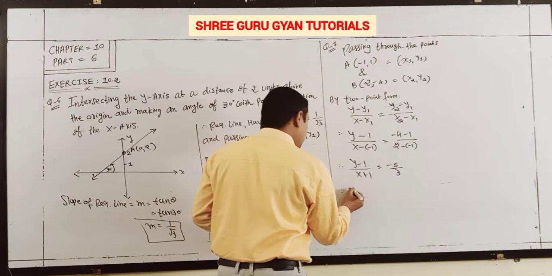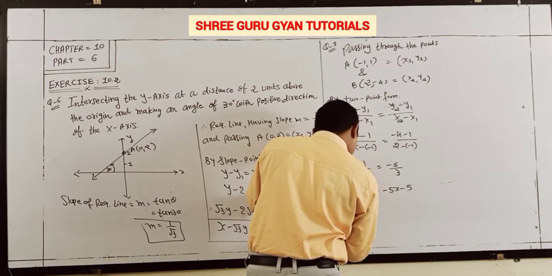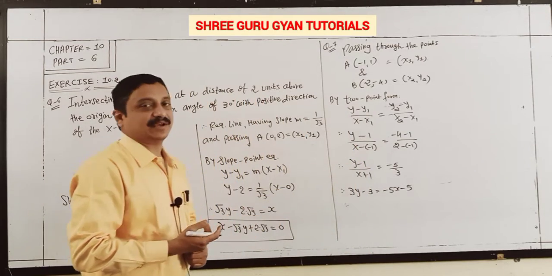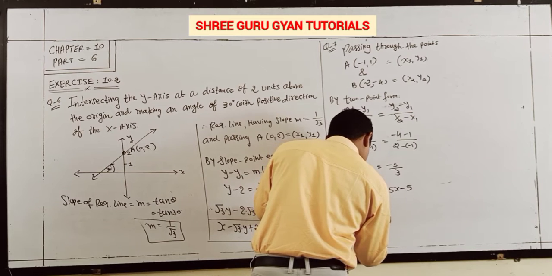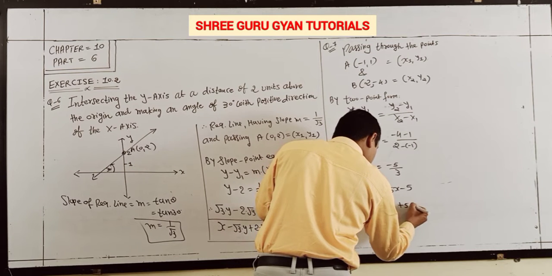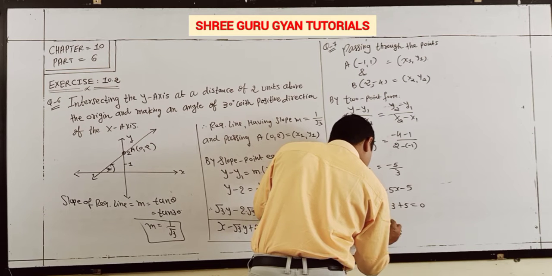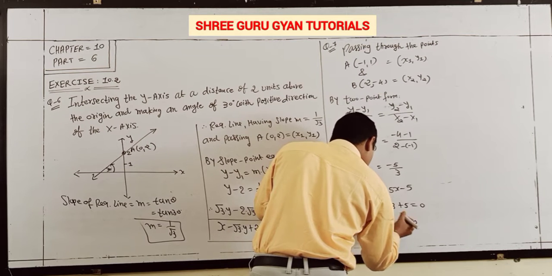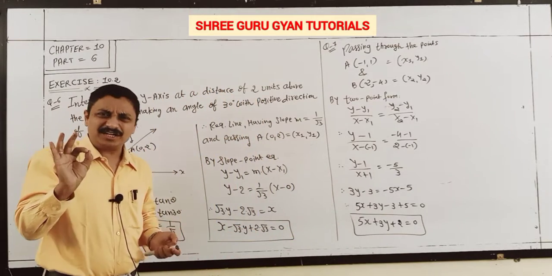Now cross multiply: 3y minus 3 is equal to -5x minus 5. Now rearrange: 5x plus 3y minus 3 plus 5, so 5x plus 3y plus 2 is equal to 0.